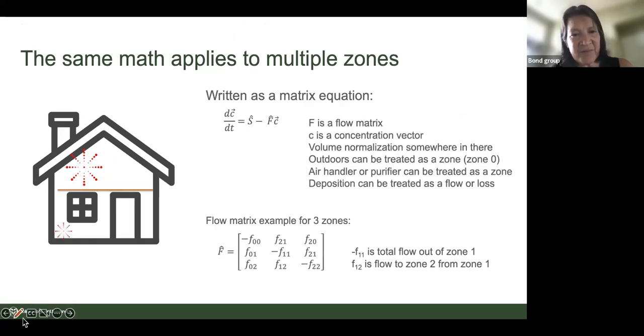And then you can do that for multiple zones by writing it as a matrix equation. So you write a vector of concentrations and then a flow matrix where you express not only the flow out of each zone, but flows between zones. And I'm not going to dive into the math. It's just like, okay, this is how it's done.